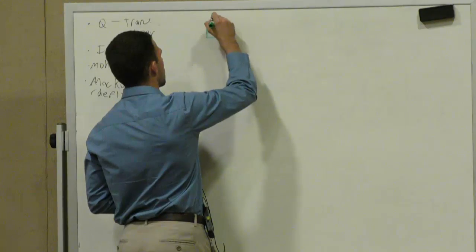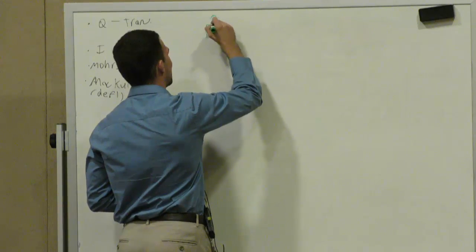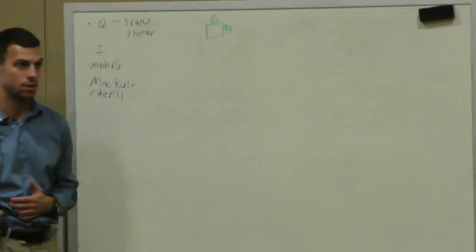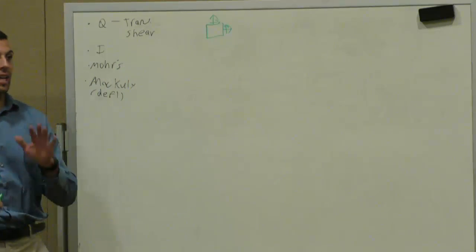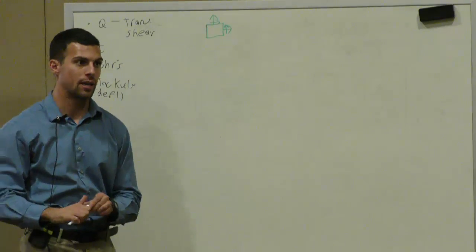In a single plane, which means we only use how many dimensions? Two. So when we do stress transformations, we only look at stresses applied in two dimensions. We don't have anything happening in the third dimension, stress-wise anyway.